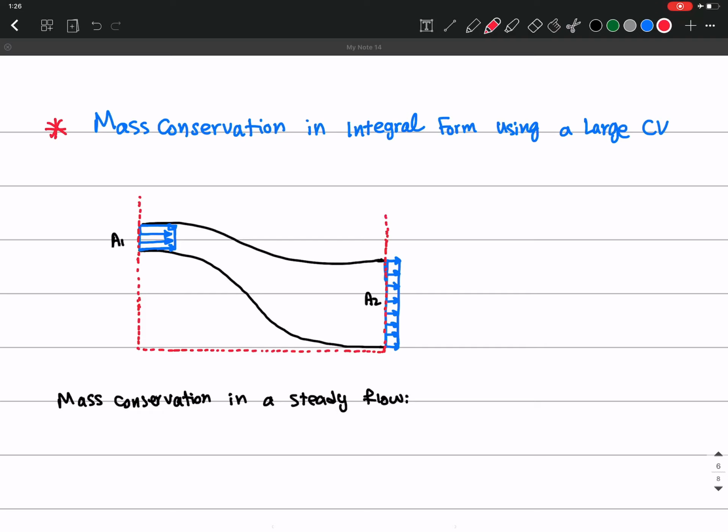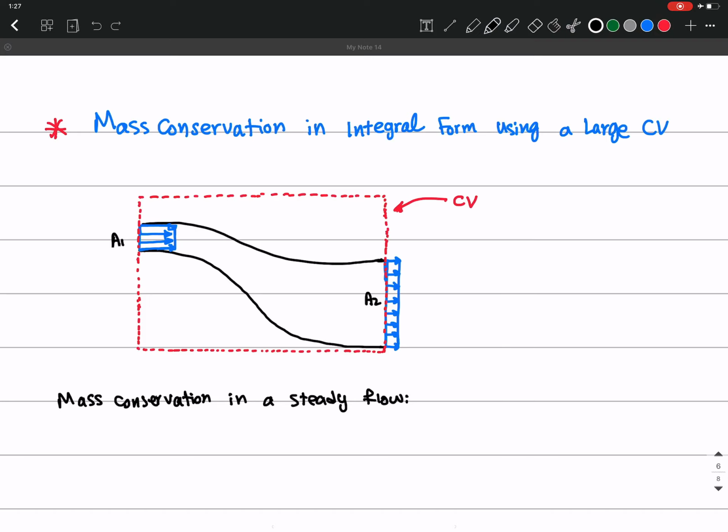And this is the one that I'm defining here. Okay, so this is my CV, a large control volume, as you can see. Here we have section 1, and here we have section 2 where the flow goes out. So here the flow comes in, and here the flow goes out of the control volume.